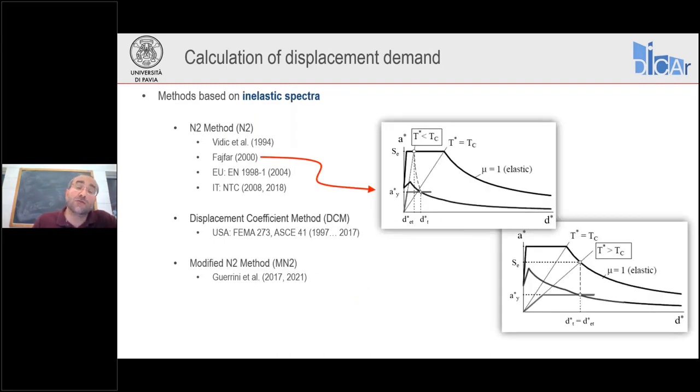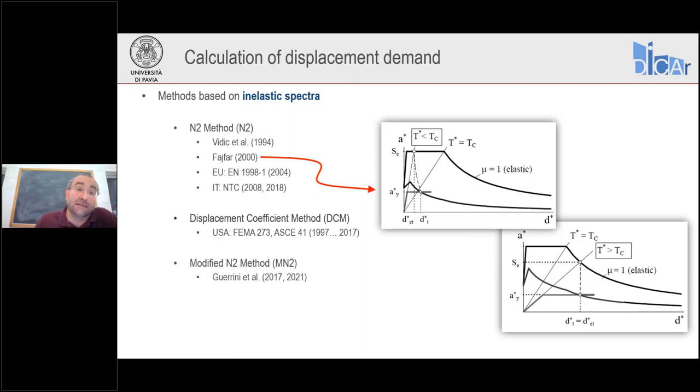What we find in the ERGOCAD instead is the N2 method, which belongs to this other family of methods based on the use of inelastic response spectra. In particular, the N2 method was developed by the Slovenian researchers Fajfar, Vidic, and Fischinger, starting from the end of the 80s and then through the 90s.